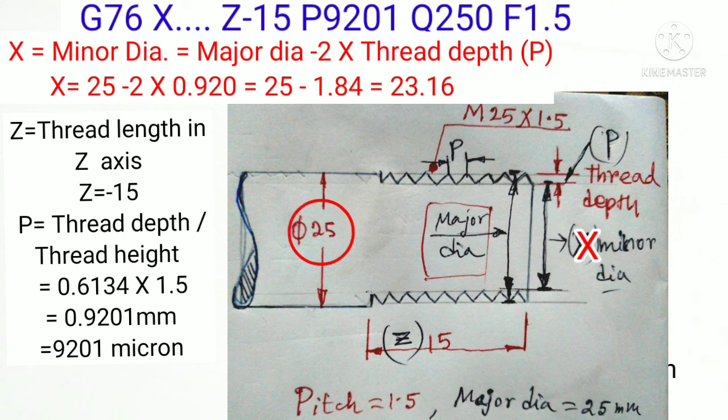We also know that the major dia is 25 millimeter, and from our previous calculation we have calculated the value of P as 0.9201 millimeter. So here we get the value of X as 23.16 millimeter.